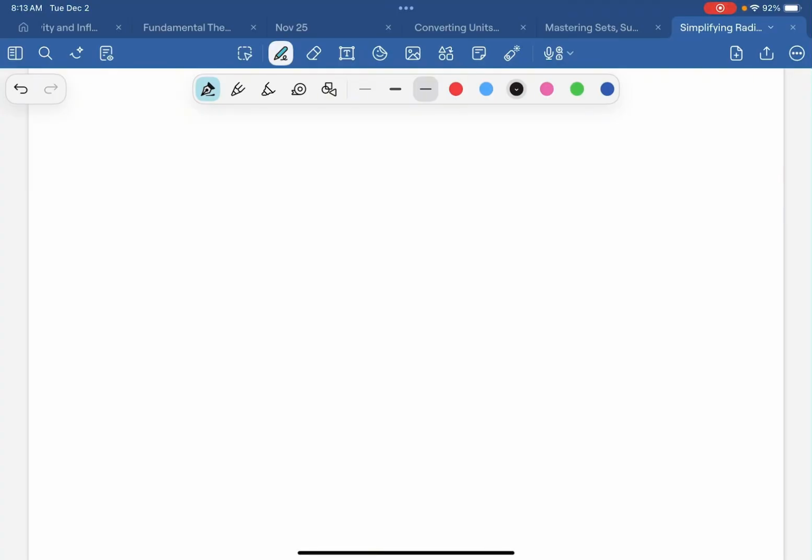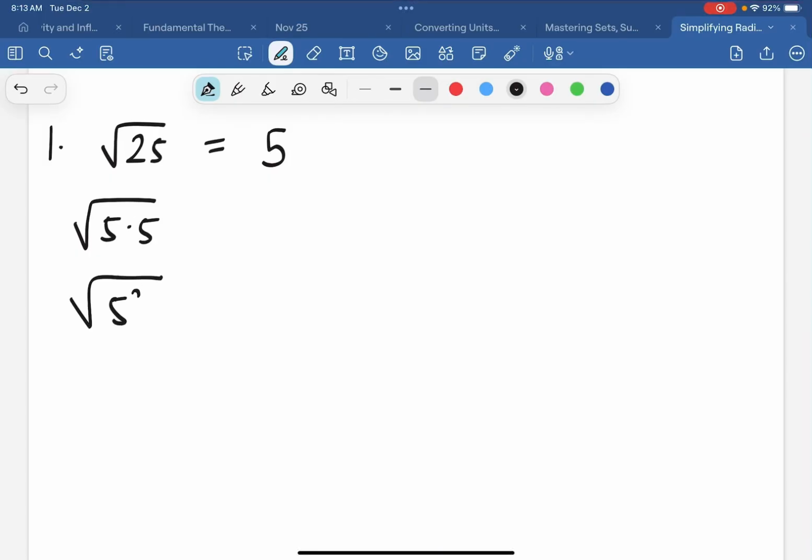Now, let us have some examples for us to factor out or extract the roots. So we have the square root of 25. Again, let's take account of the principal root, so the square root of 25 is just the positive 5. Just to recap, you can change this into 5 times 5 or 5 squared.